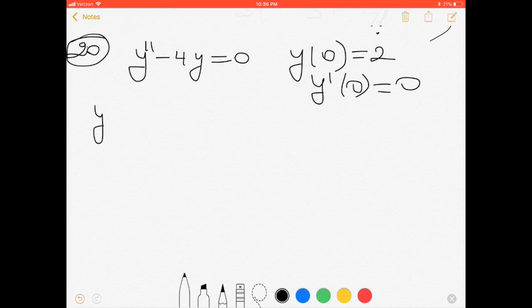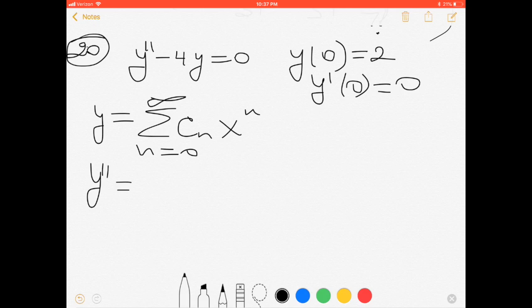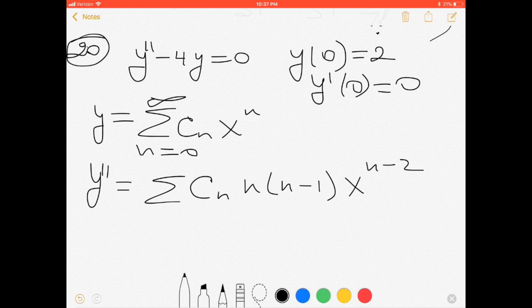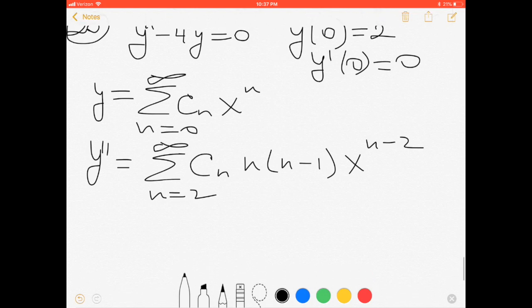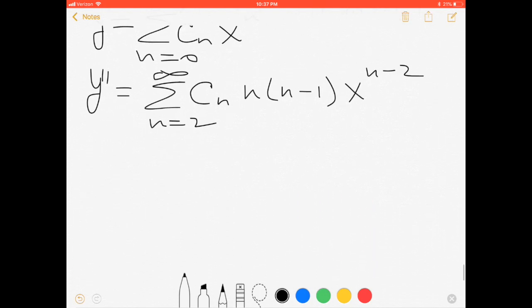Okay, y is the same as we did before, sum of cn x to the n, from 0 to infinity. For the second derivative, I write what we used before: sum of cn n times n minus 1 x to the n minus 2, starting from 2 to infinity, and plug into your equation.